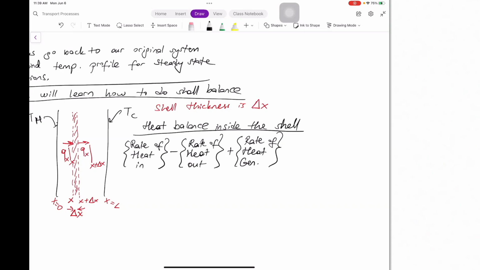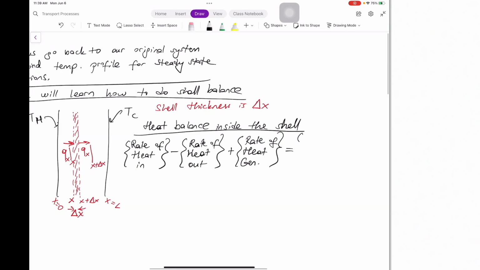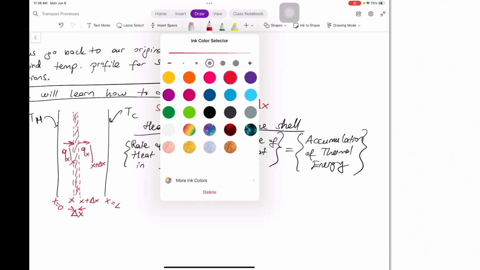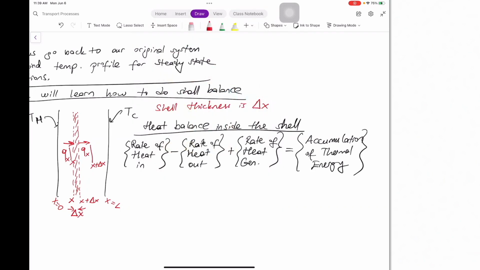Thank you. So that is equal to whatever is accumulated of thermal energy. Okay. Now this is steady state. So which term is going to be 0? Who wants to tell?